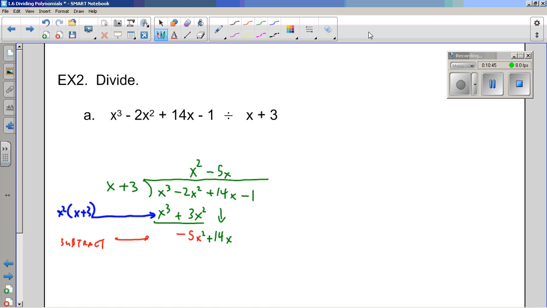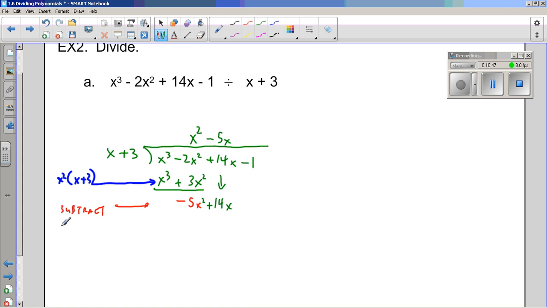Right? And again, once you get used to this, and it's a strange thing, I realize that this is a strange process, but like any new math, it's a little bit strange to begin with. So negative 5x, and I did that so that first term would cancel out when I subtracted. Here, see, that first term has to be the same.